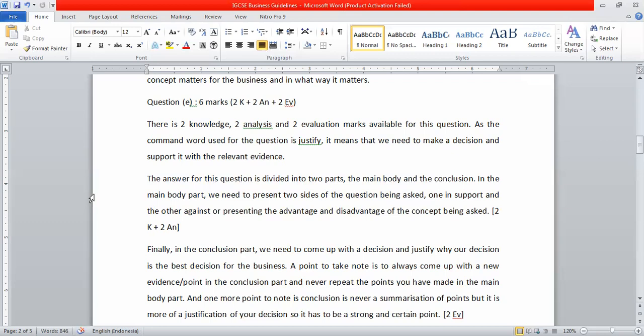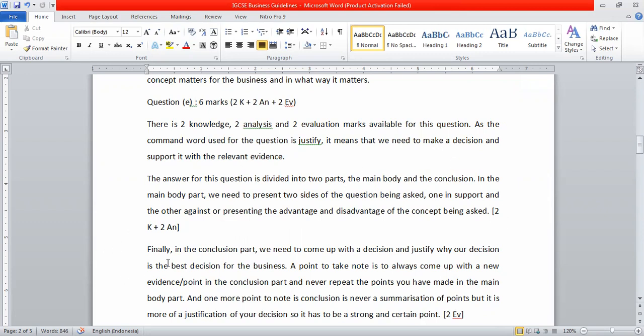You can also use the strategy of presenting the advantage and disadvantage of the concept that is being asked. This part will include the two knowledge and two analysis marks.